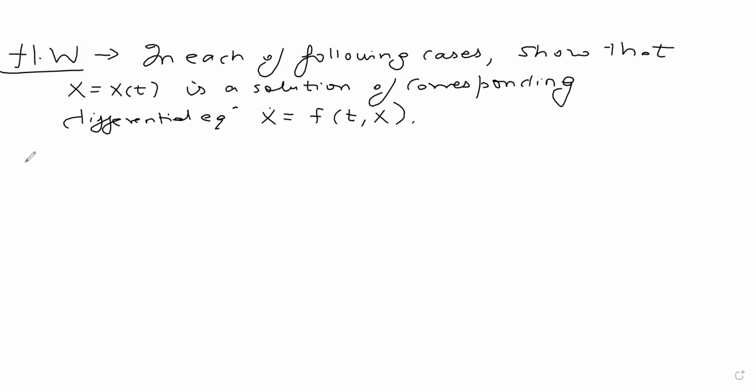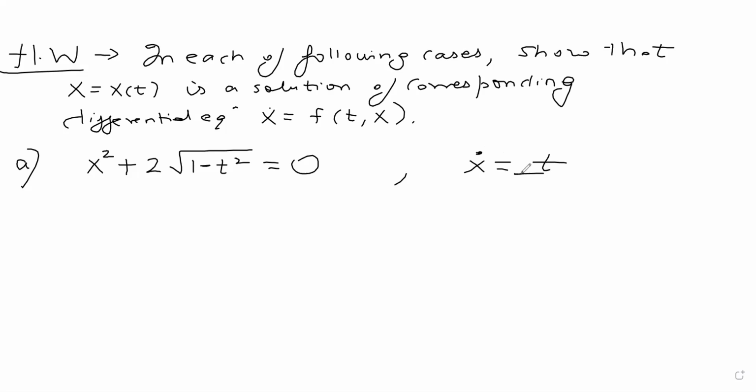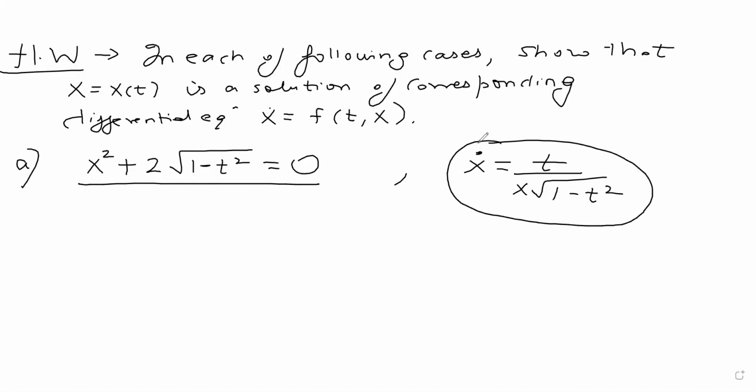So I'm giving all the parts. Part A, the equation is x square plus 2 times the square root of 1 minus t square equal to 0. And my differential equation is this. Now students are requested to verify that this is a solution of this differential equation.